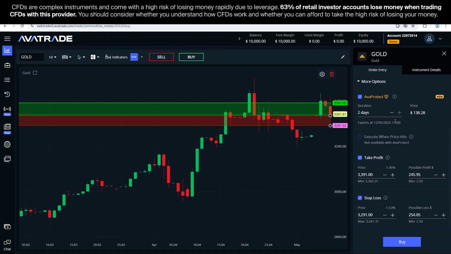For comparing the profit to the loss and to the fee, I would say it's reasonable. Not the best, but reasonable. Of course, if we reduce the length of the coverage, the fee will decrease as well.